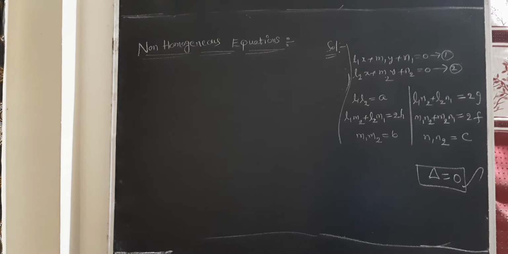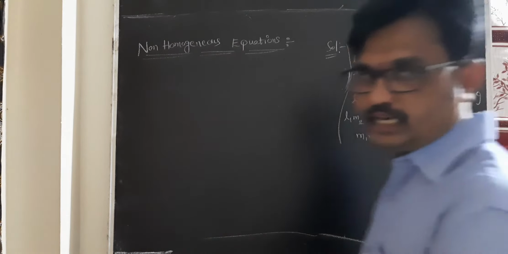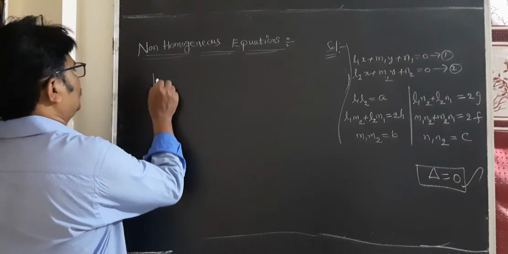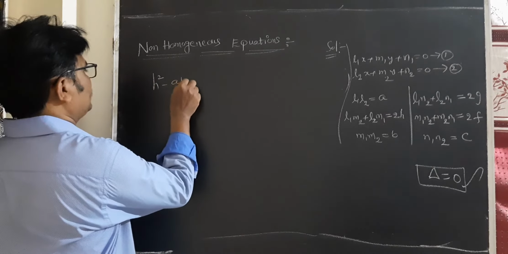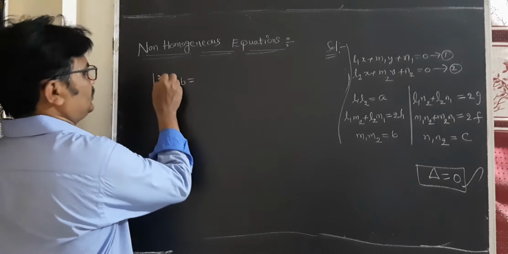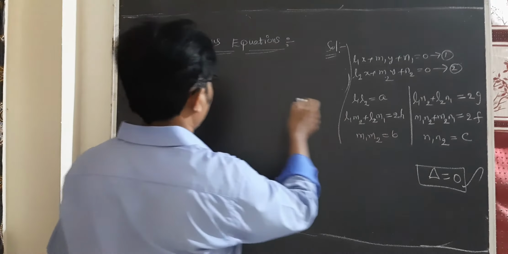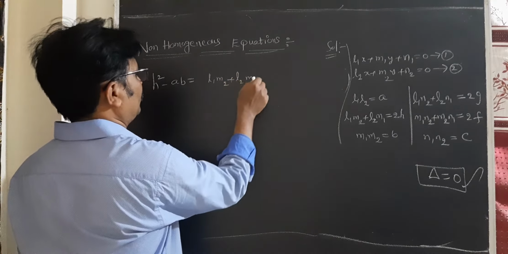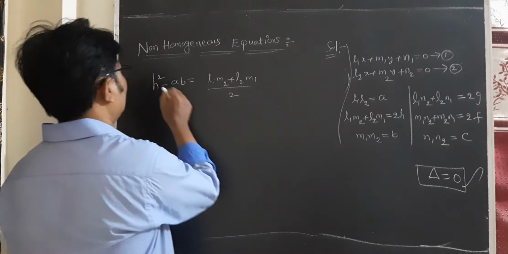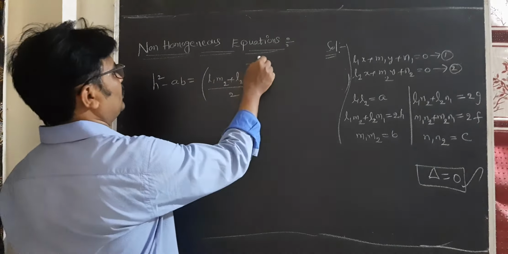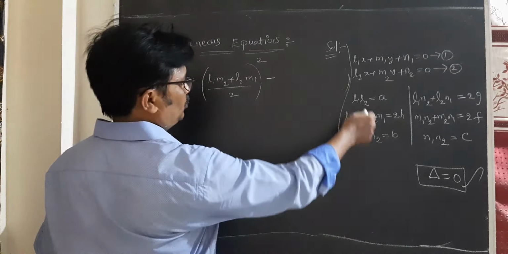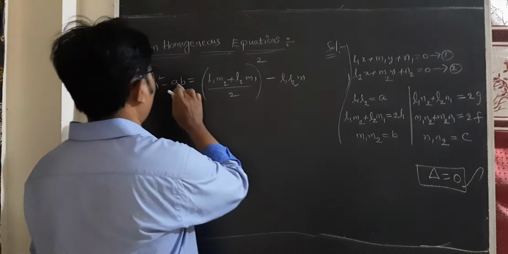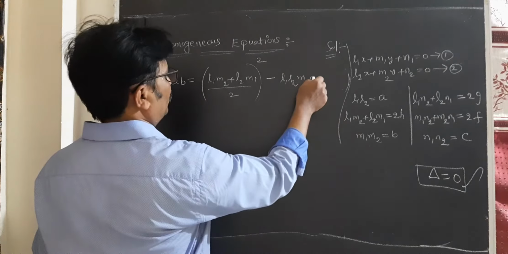Now students, we saw that h square minus ab is greater than or equal to 0. So students, first we take h square minus ab. H is L1 M2 plus L2 M1 whole by 2. This is h, whole square, minus of a into b. A into b is L1 L2 into M1 M2.